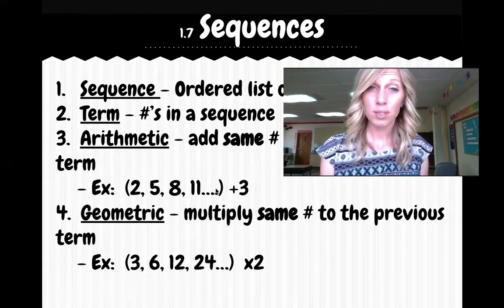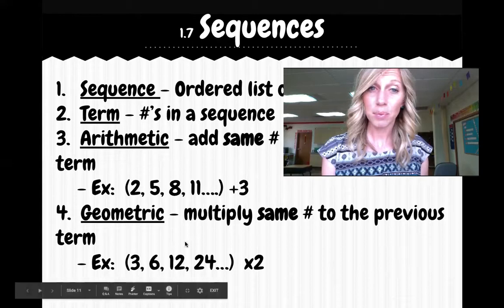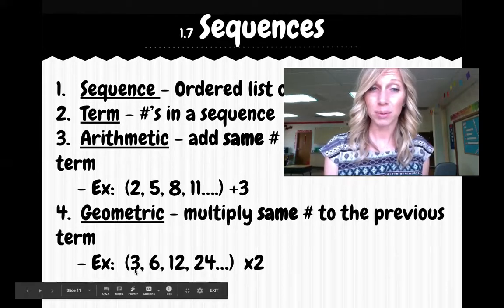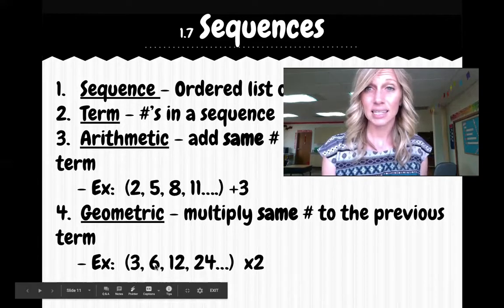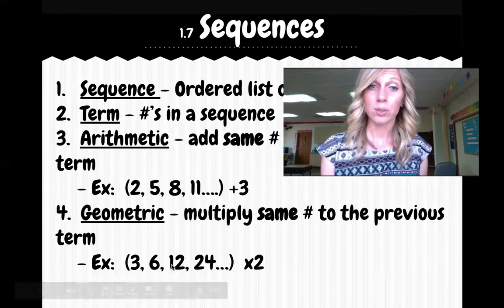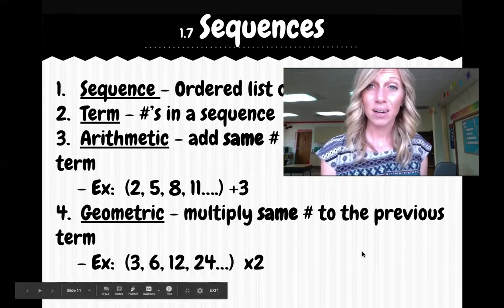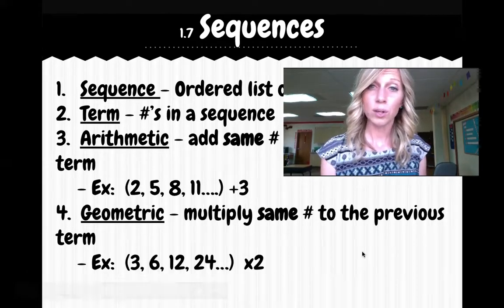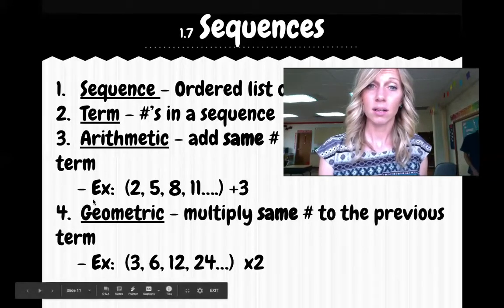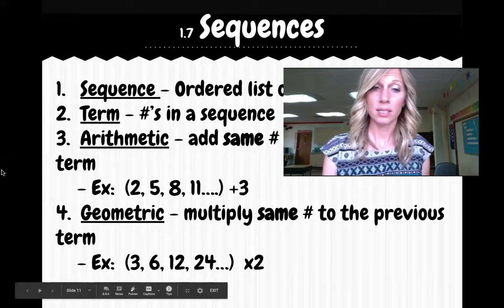If you notice the difference between the two of these, your numbers start to jump quite quickly when you're multiplying. And if you notice, from 3 to 6, if I multiply 3 times 2, I get 6. 6 times 2 equals 12. 12 times 2 equals 24. So my pattern is I'm multiplying by 2 each term in order to get the geometric sequence.